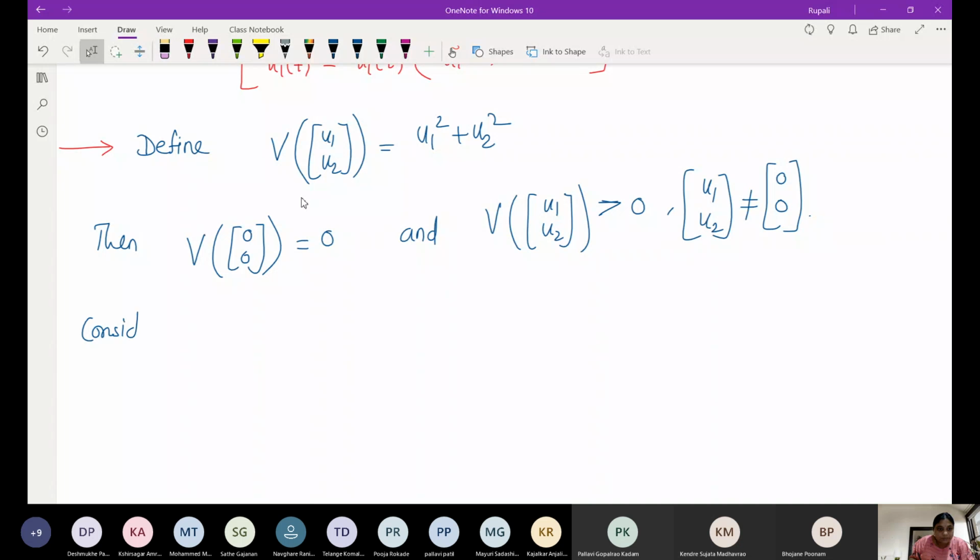Consider delta t V at u. It is defined by V at f of u minus V at u. So what is V at f of u?